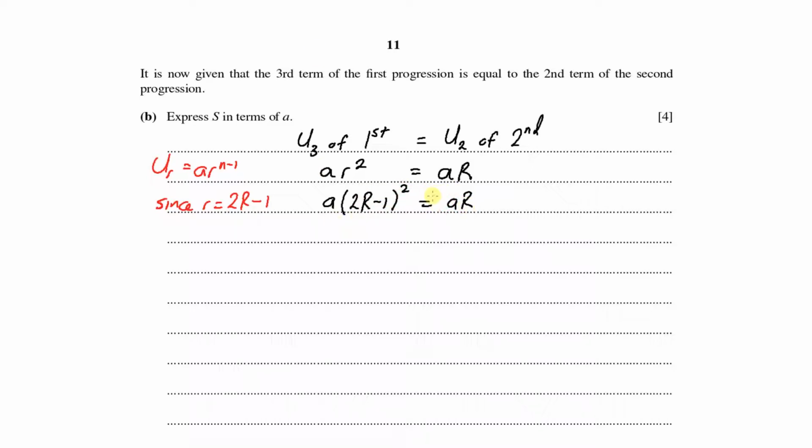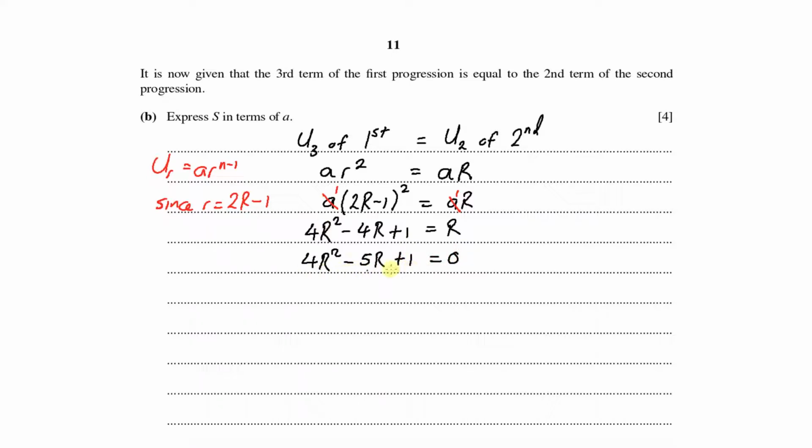And I think you can see that a is appearing on both sides, so we can divide both sides by a. So we're just left with (2r minus 1) squared, which I can now expand to give us 4r squared minus 4r plus 1, and that's going to be equal to r. And I can subtract r from both sides, so we get 4r squared minus 5r plus 1 is equal to 0.